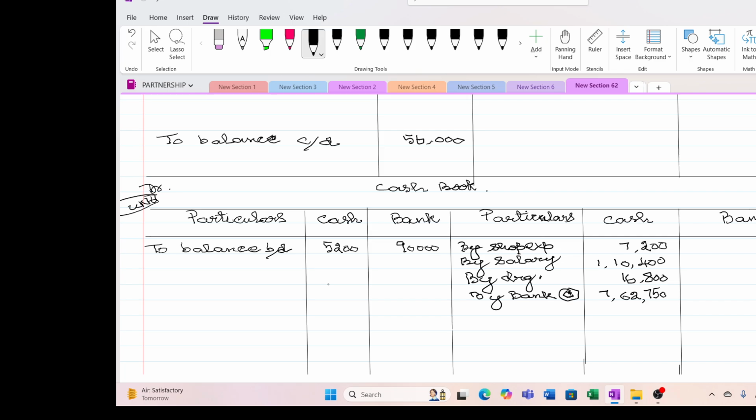From cash, it has gone out and it has come to bank account. Okay, so right here to cash, it is a contra entry, 7,62,750.